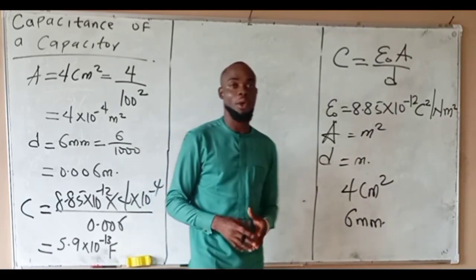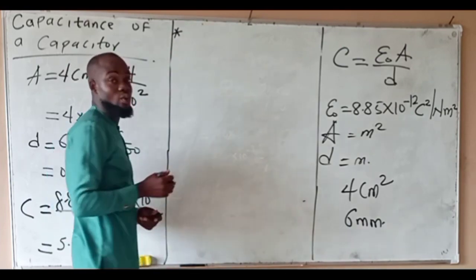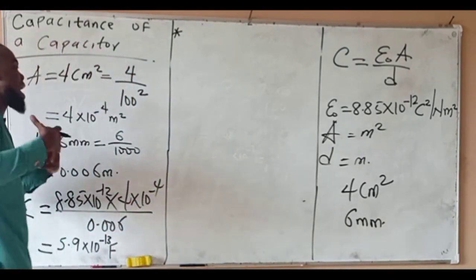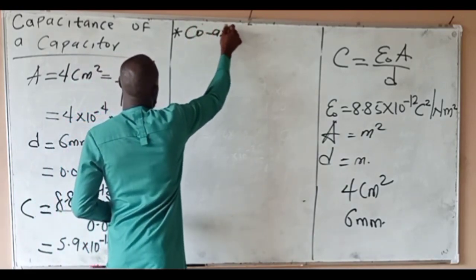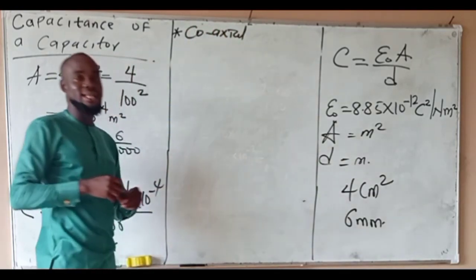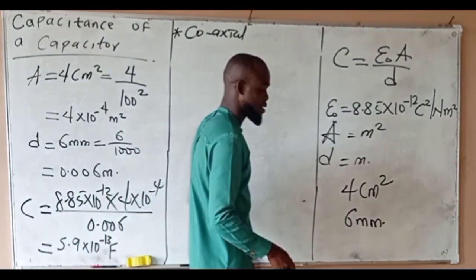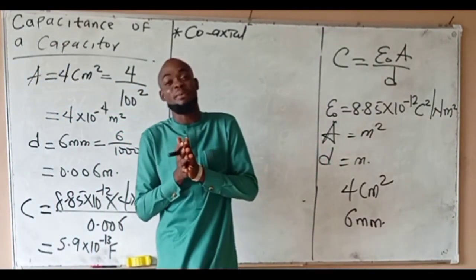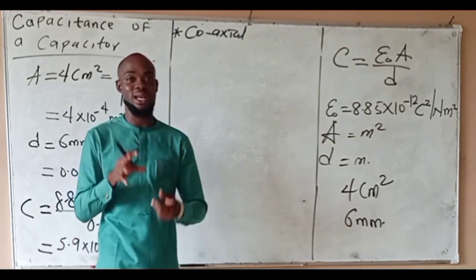Now let's look at number 2, the second type of capacitor we have. Number 2, the capacitance of a coaxial cylindrical capacitor. This is a type of capacitor that has superimposed cylinders.